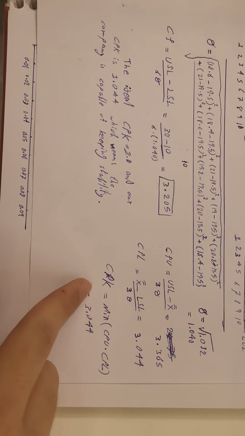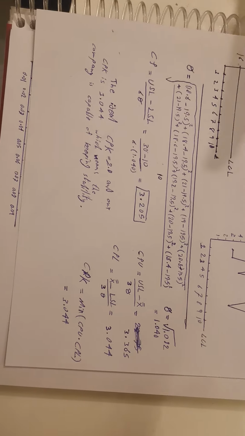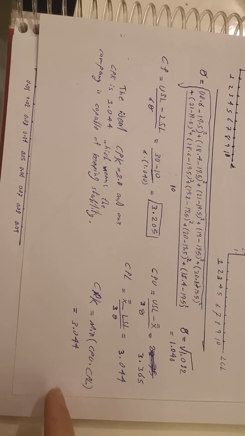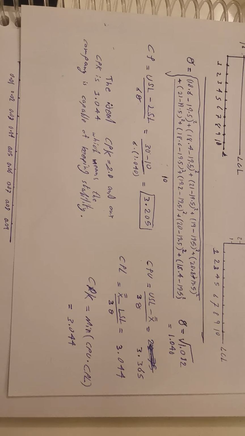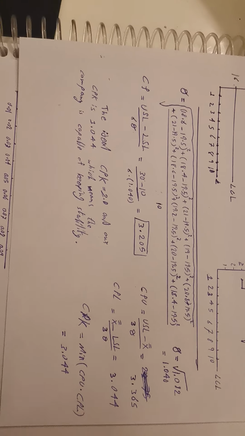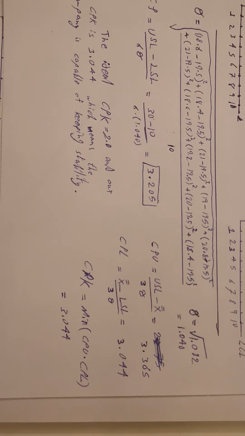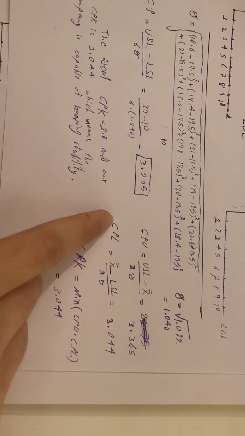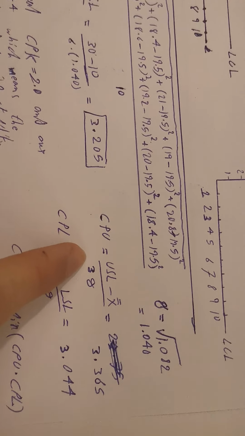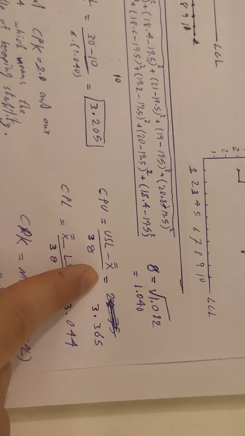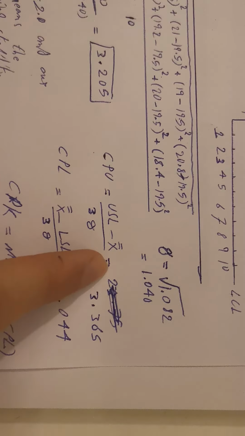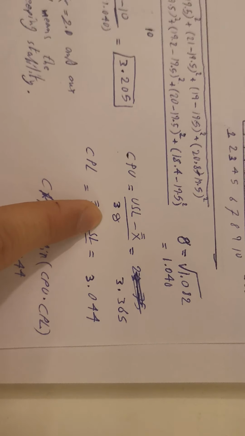Now the CPK value, in order to get that, basically it's the minimum between the CPU and the CPL. Now what is the CPU and the CPL? The CPU is the upper CP and the CPL is the lower CP. And the way we calculate that, for example, let's take the upper CP, its formula is basically USL minus X grand, which is the X bar grand, divided by 3 sigma.